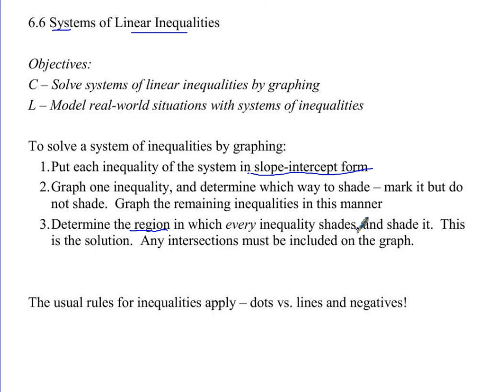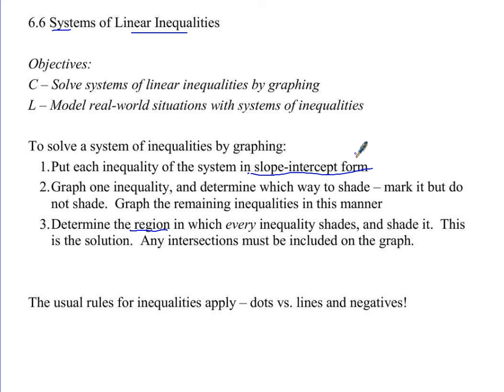So different regions will get hit by different inequalities, but there's going to be one region, hopefully, that gets hit by all of the inequalities and shade it. That's the solution. Any intersections must be included on the graph. You don't have to tell me what the intersections are, but they have to be on the graph if they cross.